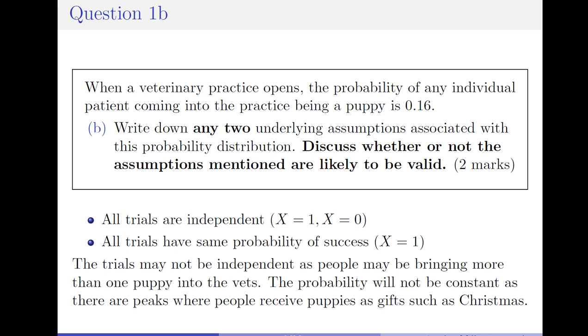Your answer must have these words in it. If it doesn't, then you're not going to get the marks, because it says discuss whether or not the assumptions are likely to be valid in this case. So you need to be really careful that your discussion relates back to the context, because stats is all about context.